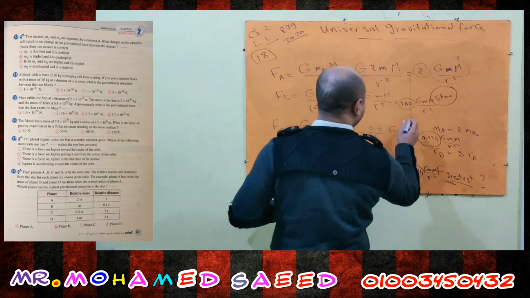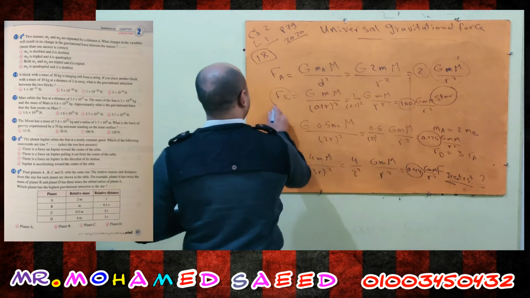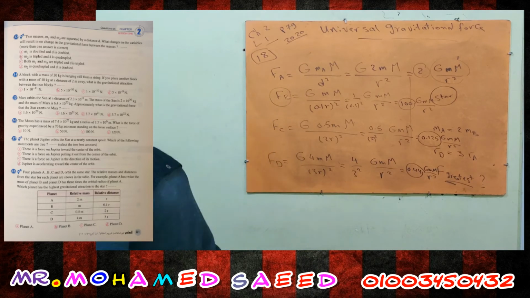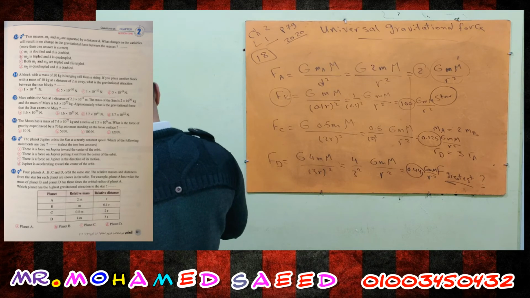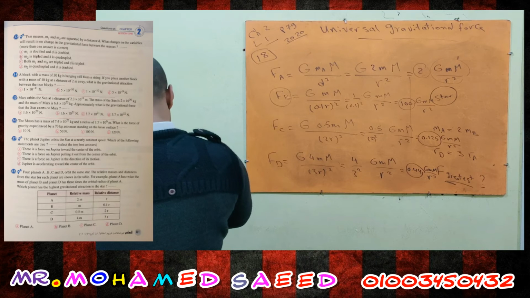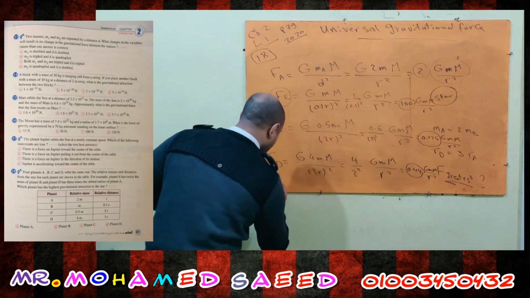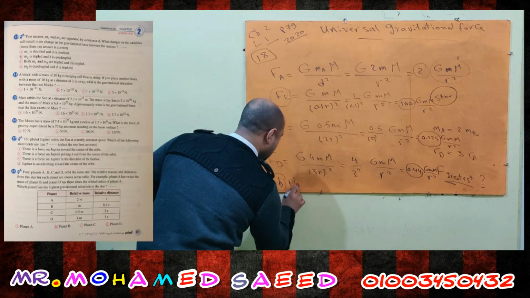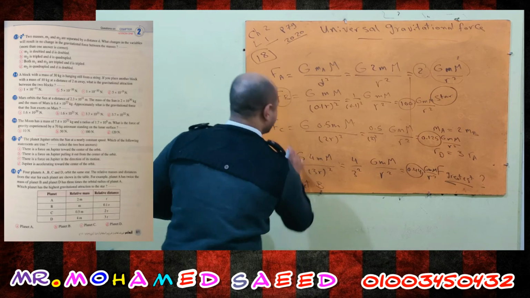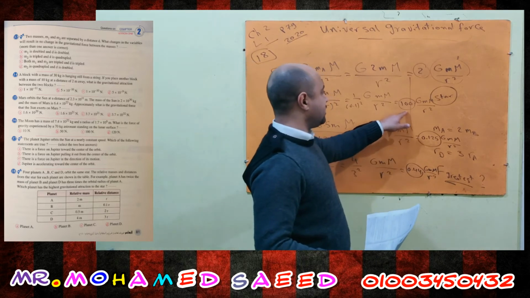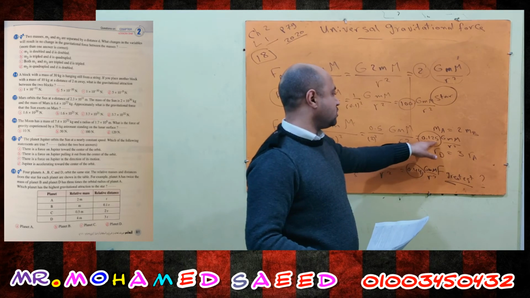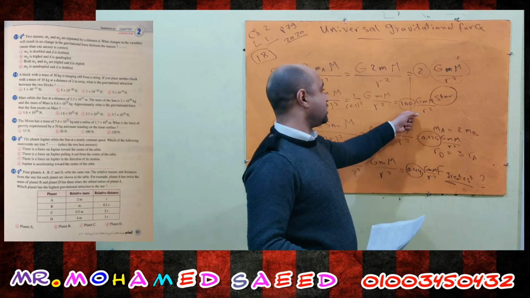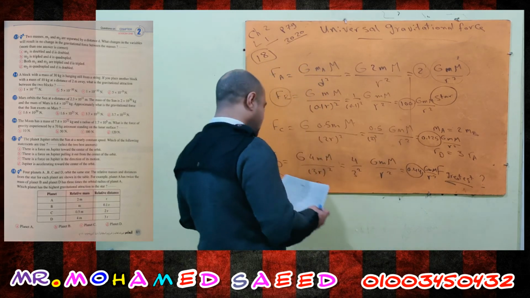So the greatest number is B. So the true answer is B. Planet B is the true answer, because it has the greatest magnitude: 2, 100, 0.125, 0.44. So the greatest number is the force acting on planet B.